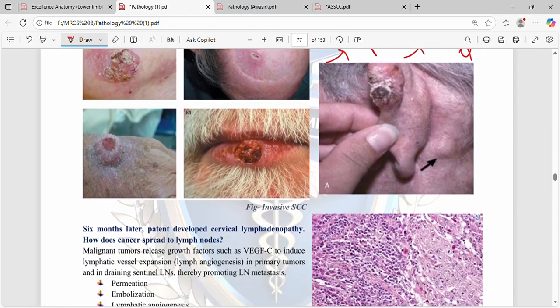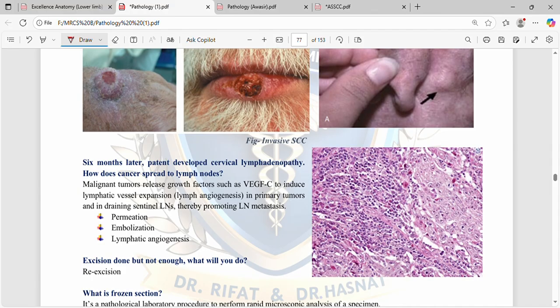Six months later, the patient develops cervical lymphadenopathy. How does cancer spread to lymph nodes? This question comes again and again, and as we have discussed, tumor cells always secrete vascular endothelial growth factor C, which induces lymphatic angiogenesis, or lymphatic vessel expansion, in the primary tumor and draining sentinel lymph nodes, thereby promoting lymph vessel growth.